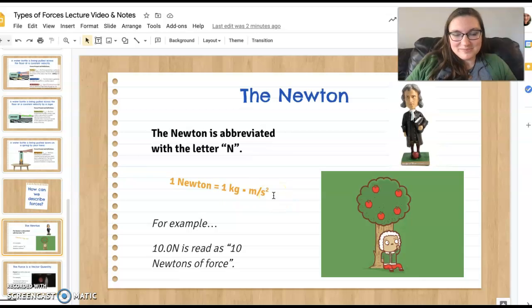Don't worry about it too much, but it's basically how much force it would take to make a 1 kilogram object go 1 meter per second faster each second. And you would just read it like this: 10 newtons of force, 10.0 N.